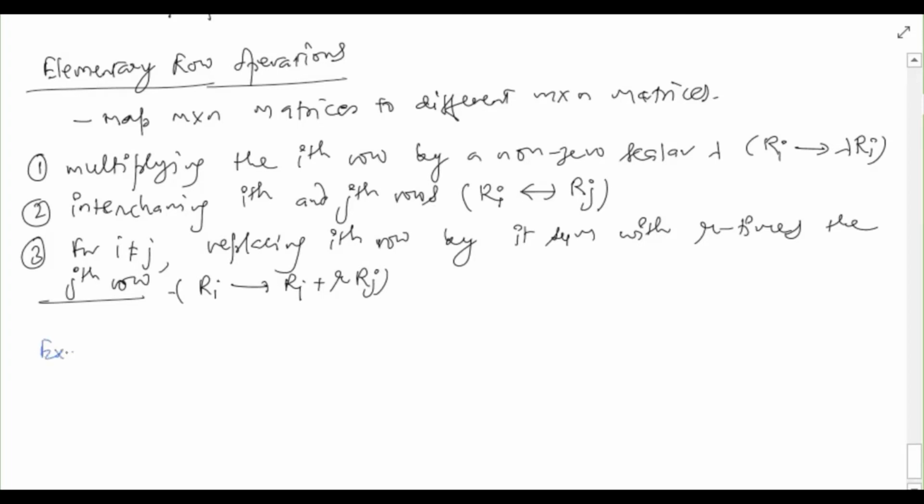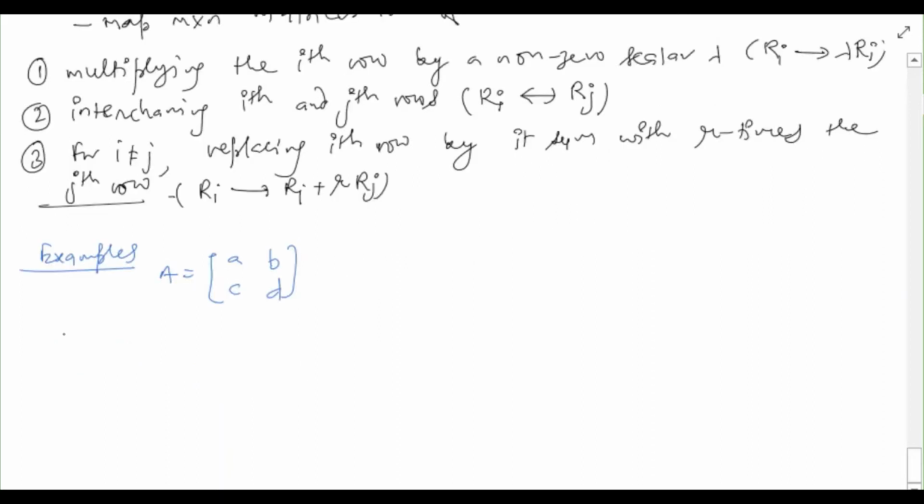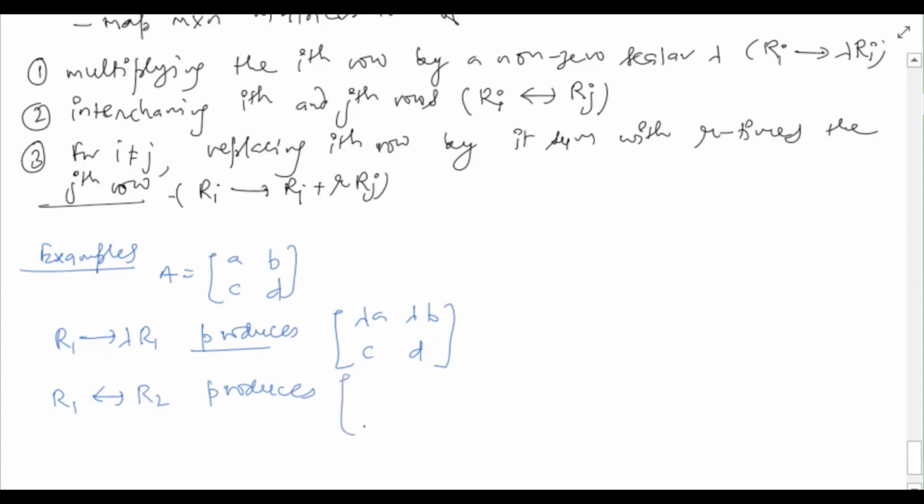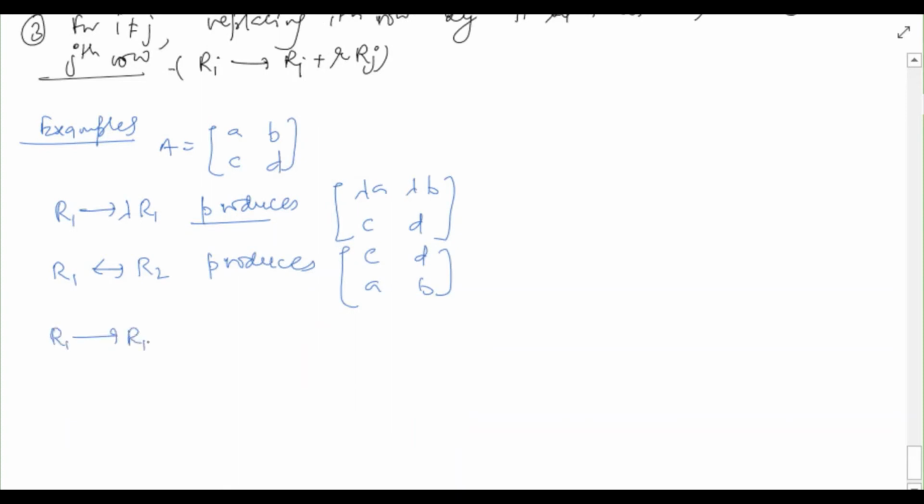So let us consider A to be the 2 by 2 matrix A, B, C, D. In this case, the elementary row operation R1 to lambda R1 produces the matrix lambda A, lambda B, C, D. Similarly, the interchange operation produces C, D, A, B, and the operation R1 to R1 plus mu R2 produces A plus mu C, B plus mu D, C, D.